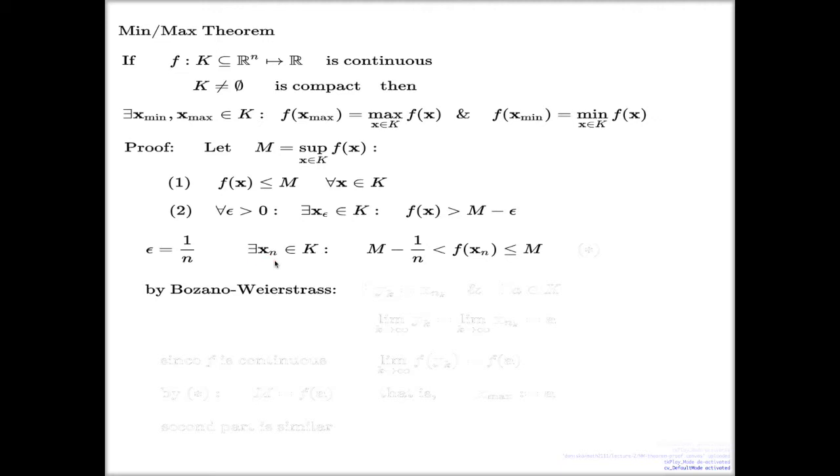But Bolzano-Weierstrass ensures that I can find a subsequence, which I gave another name, y_k, you see, x and k. I can find a subsequence such that this subsequence has a limit. The whole sequence may not have a limit, but there will be a subsequence all the time by Bolzano-Weierstrass, which is converging. This is because my set is compact.